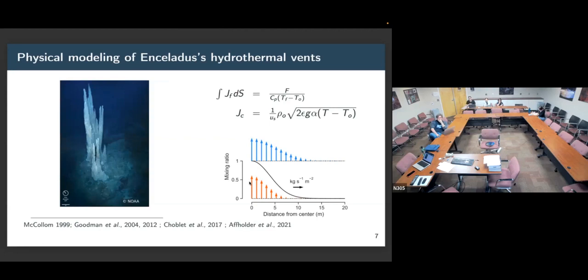Let's go back to Enceladus and try to simplify as much as possible, in a meaningful way, the hydrothermal environments and connect them to the chemostat type of environment. What we assume is that hydrothermal fluid is released at the seafloor and mixed with the ocean water. And it's released with varying intensity the further away we go from the center of the hydrothermal vent.